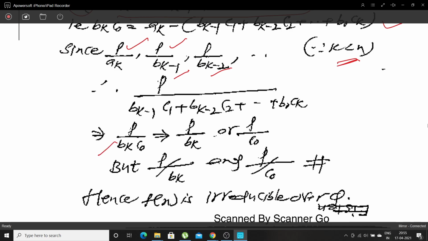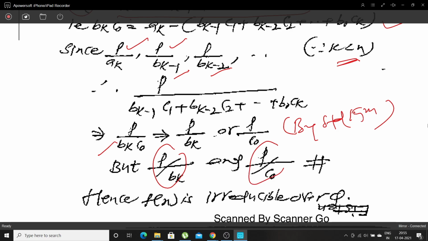That means p divides bk or p divides c0, by the standard number theory theorem. But according to our assumption, p does not divide bk and p does not divide c0, which is a contradiction.